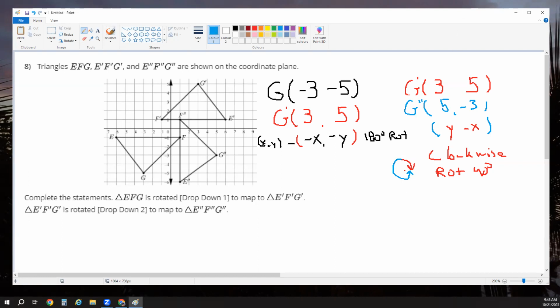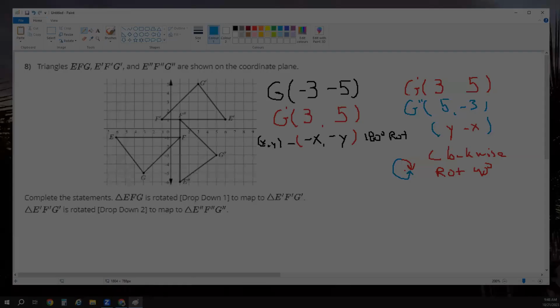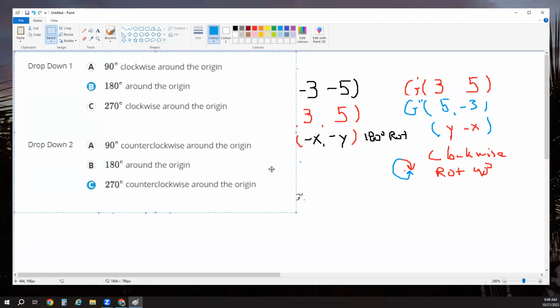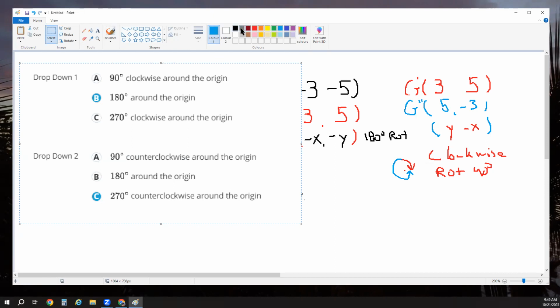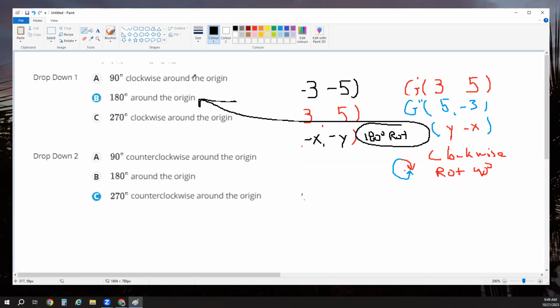So your answers are those two: 180 about the origin, and 270 counterclockwise. You just have to remember that. So there you go for that one.